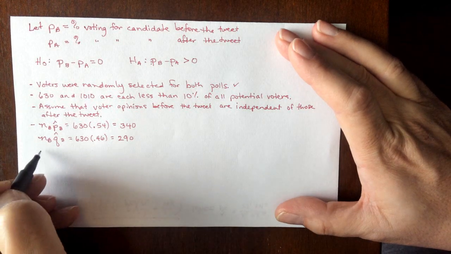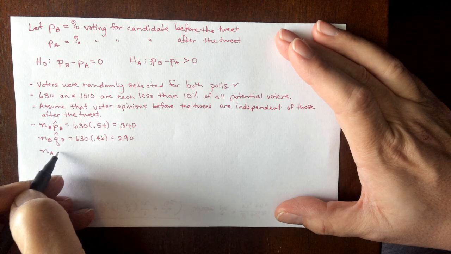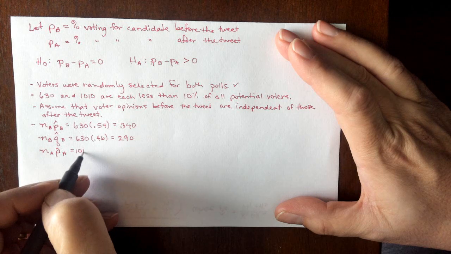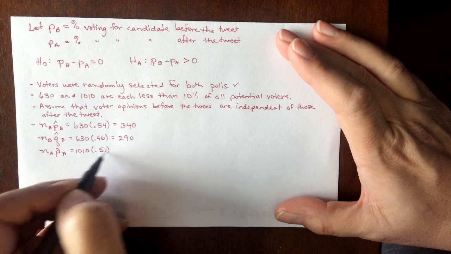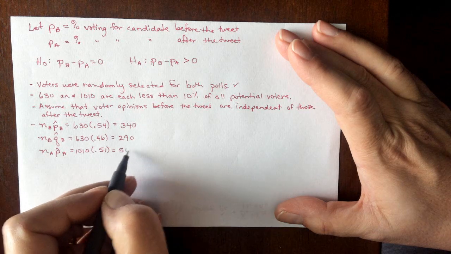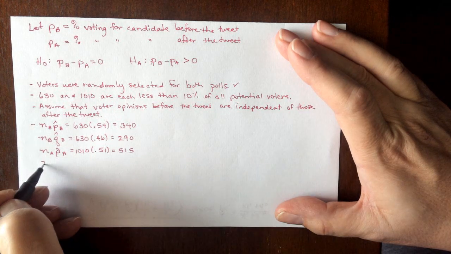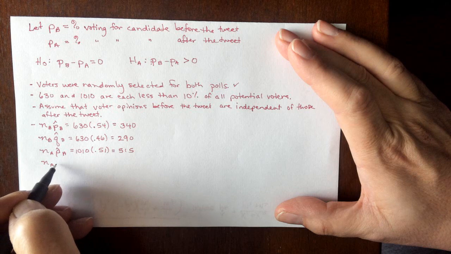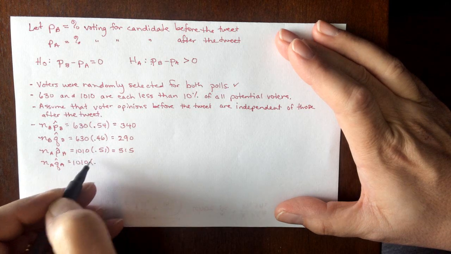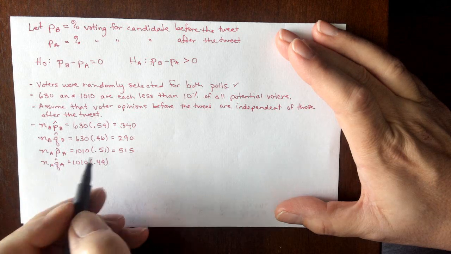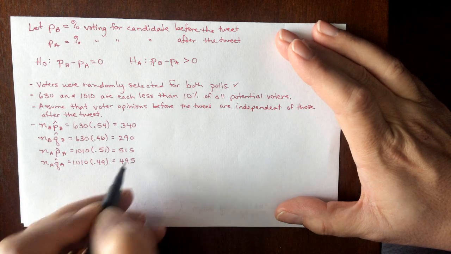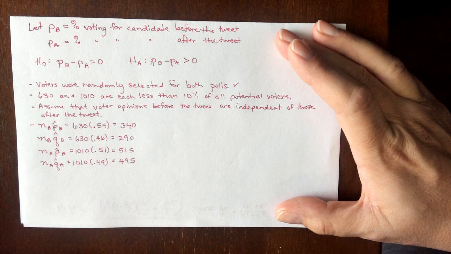Okay, then we have n after times P hat after, which is 1,010 people and 51% said they were supporting the candidate. That's about 515 voters. Then n after times Q hat after, 1,010 people times the other 49% who are no longer supporting the candidate, 495 people approximately.